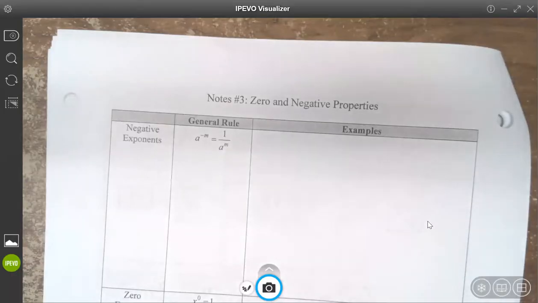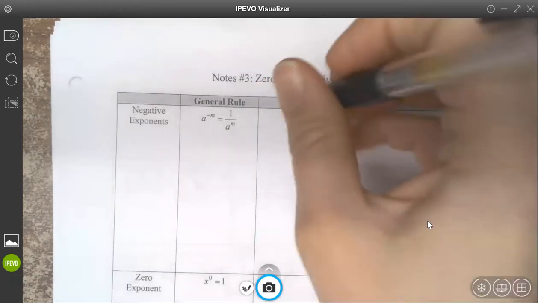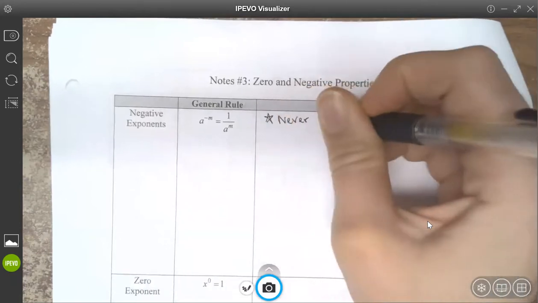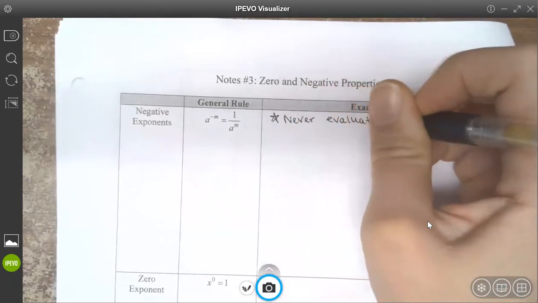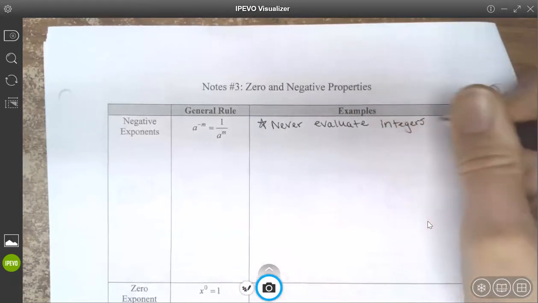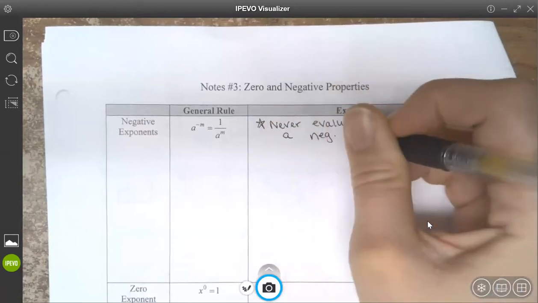Today we're going to add two more properties of exponents into our toolkit here. First we're going to talk about negative exponents, and there are some golden rules that I use with negative exponents. One is we never evaluate integers, so numbers, not variables, to a negative exponent.